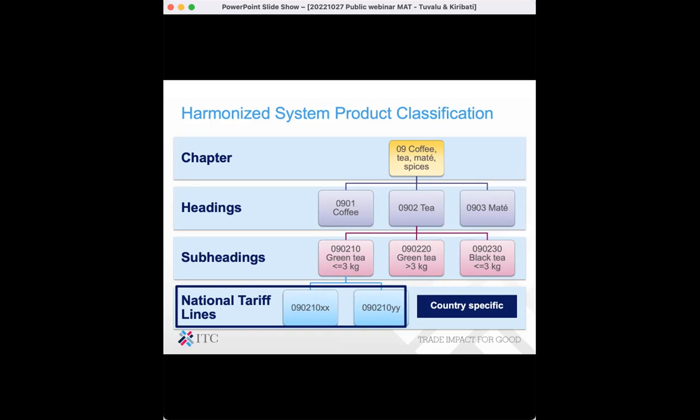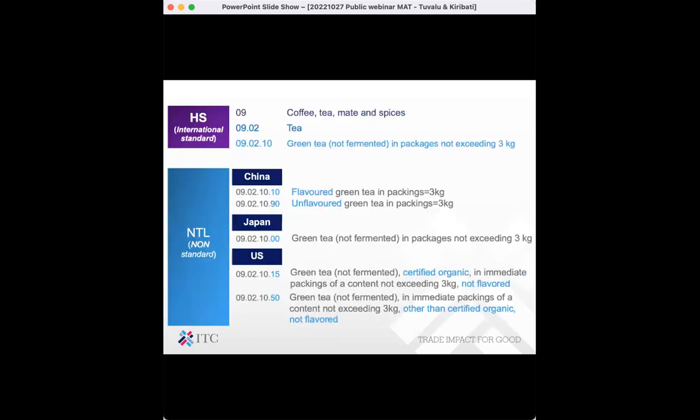So in order for us to look into the tariffs that we need to pay, we need to understand what the national tariff line codes are of a certain country we are exporting to. So that's why a country would specify their products in more detail and why we need to be aware of what these codes are.